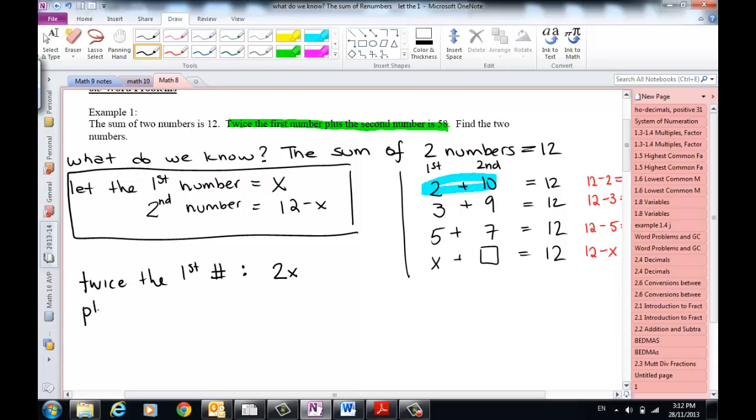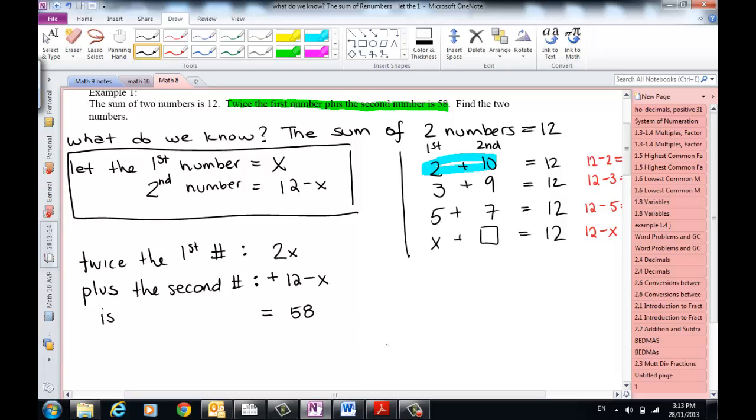And then it says plus the second number, is 58. So if I write this as an algebraic equation, we have twice the first number plus the second number, and it's plus the entire second number, which is 12 minus x. I'm putting it in brackets because I'm adding the entire second number, and this is all equal to 58.